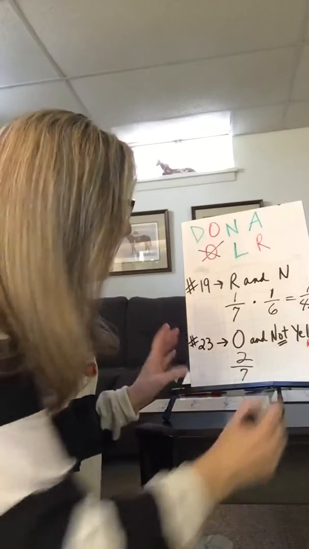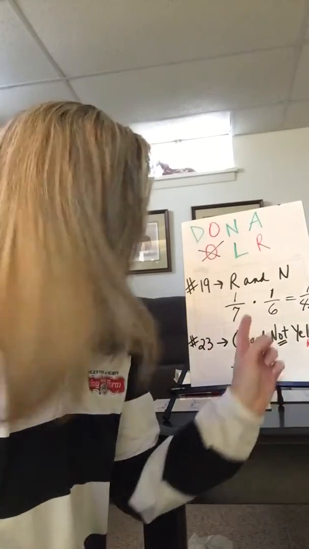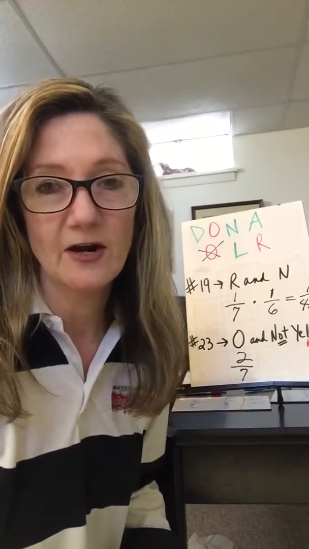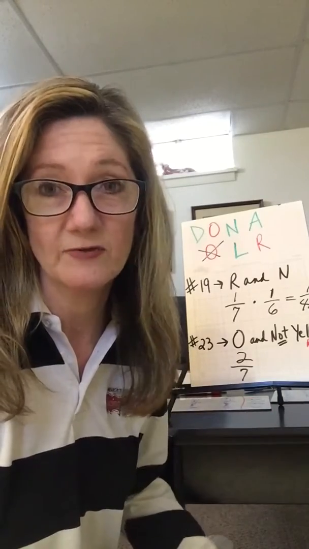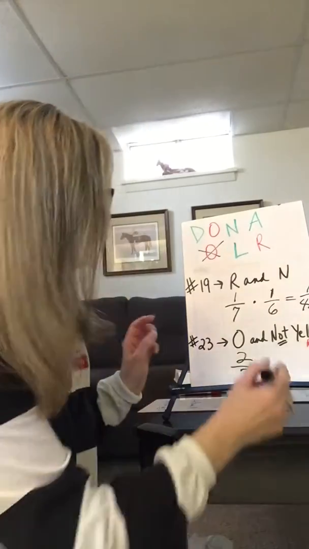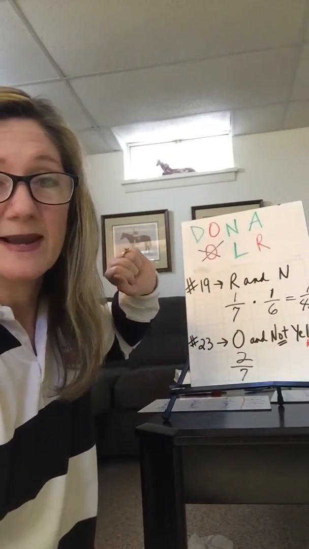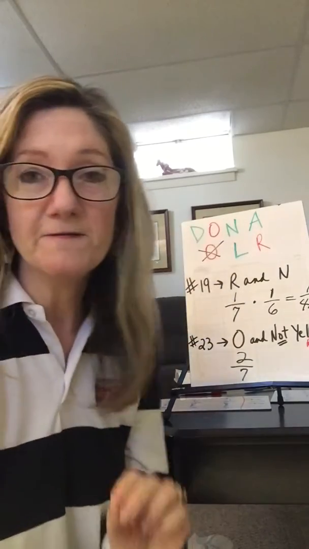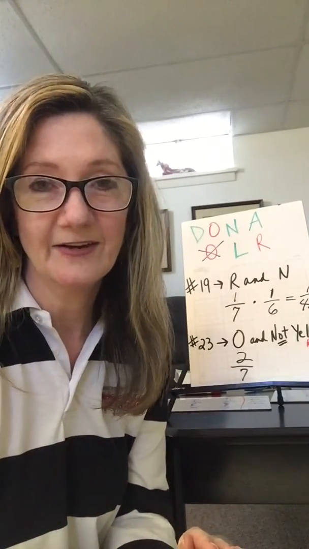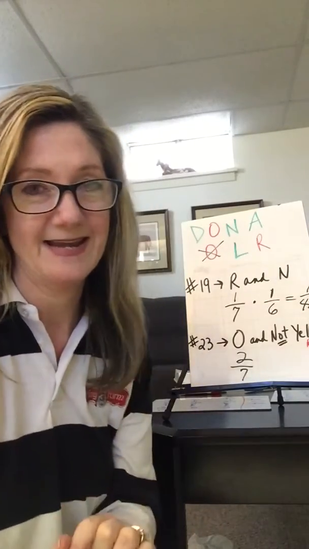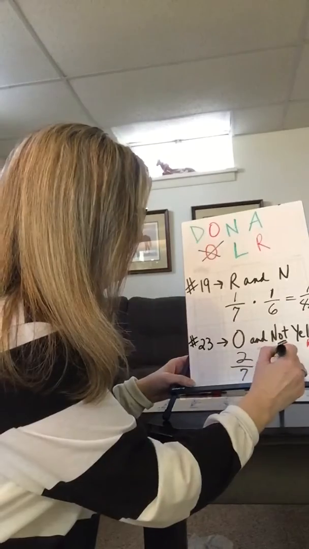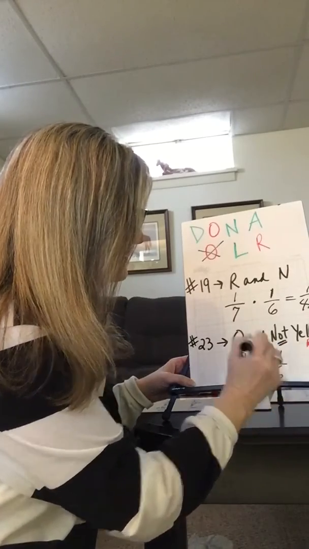Now the second one said of pulling out not a yellow. Well, in this case, I have my yellows as reds, so not a red. There are 2 reds there, but we want not a red. So there were 4 that were not red, out of the 6 remaining. So 4 out of 6.